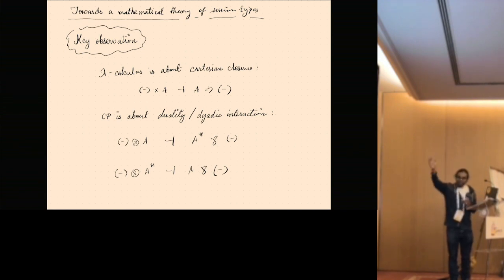Okay, so it's a string of symbols in categorical notation, but what it means is that these two adjunctions are very fundamental to session types, or I think so.